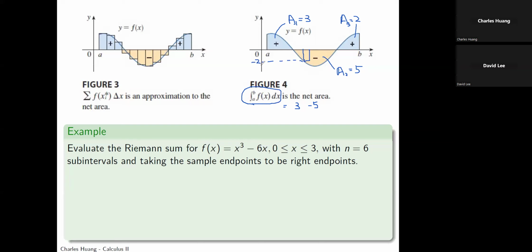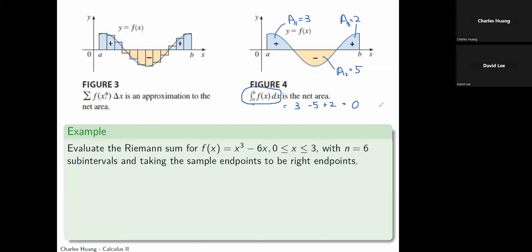The height might be like -2. So if I calculate the area, width times height, width times -2, it's going to give me a negative area. So when the function goes below the x-axis and becomes negative, the area is going to be negative. And we're going to plus 2 here for the end. And then this integral in this particular case will have a value of 0.